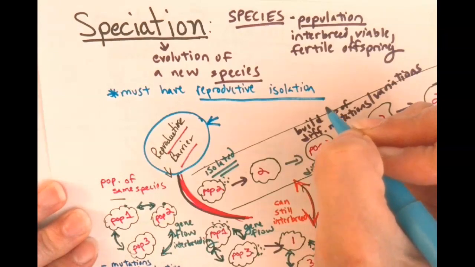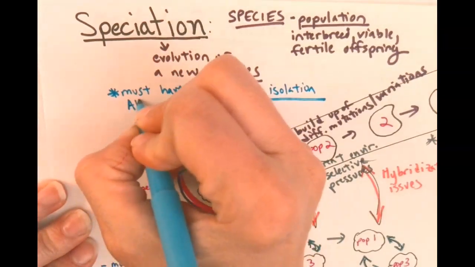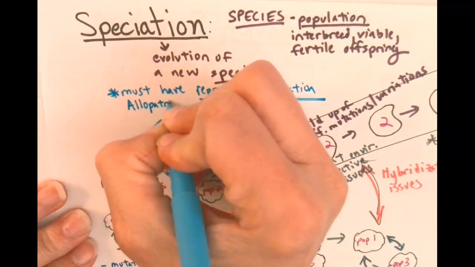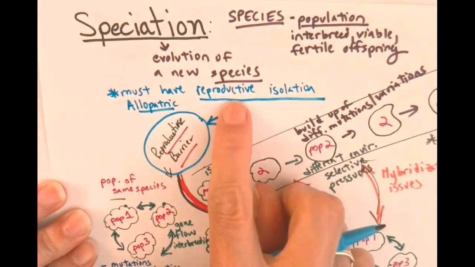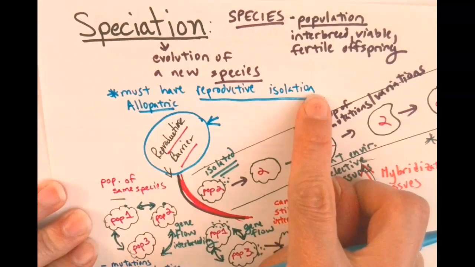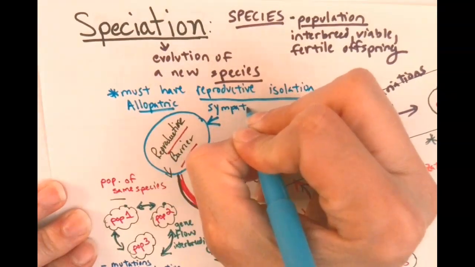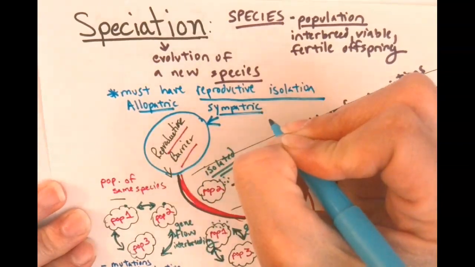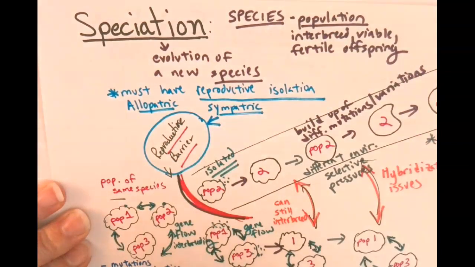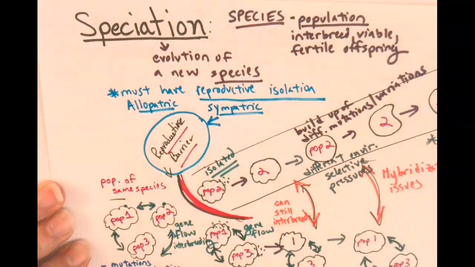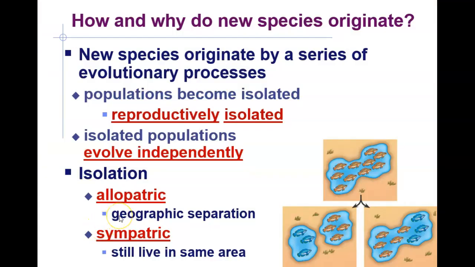This can occur through something called allopatric speciation, meaning there's a geographic barrier creating this reproductive isolation, or sympatric speciation, meaning there's no geographic barrier, but something else is preventing the populations from interbreeding. So this reproductive barrier, this isolation, can be due to allopatric or sympatric speciation.